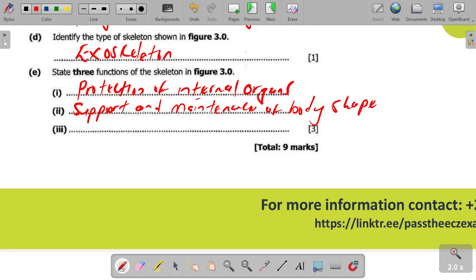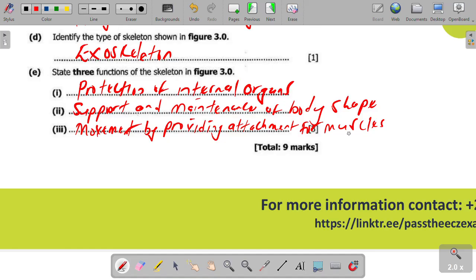Number 3, you can say movement, by providing attachment for muscles.